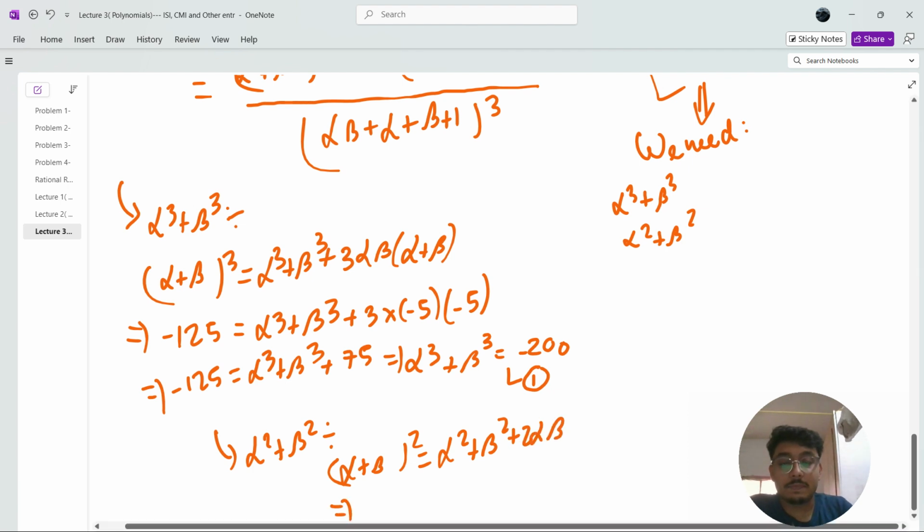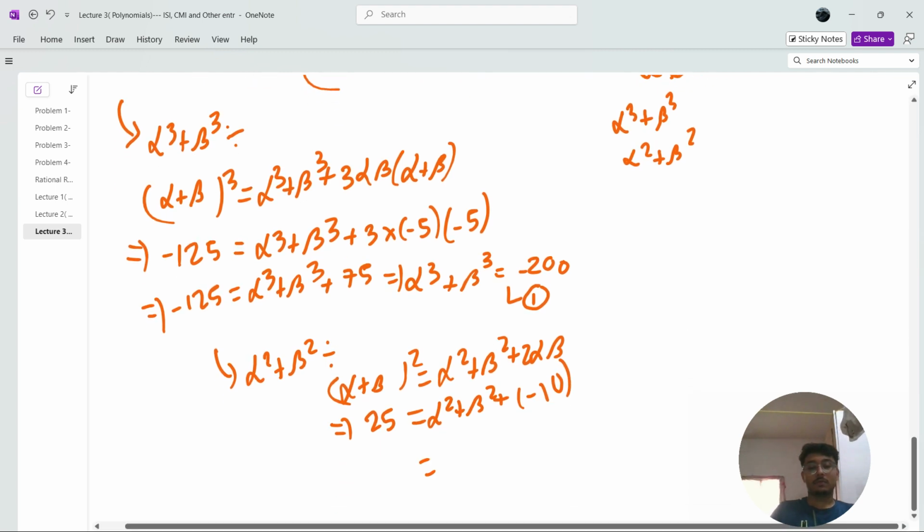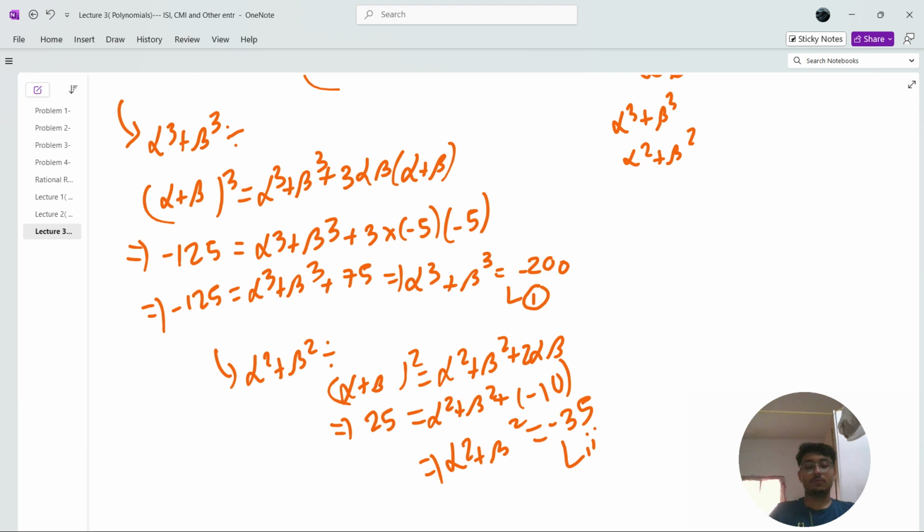And my alpha plus beta is minus 5, so minus 5 square is 25, so alpha square plus beta square is needed. So plus 2 alpha beta is there, so we can just put it in. So alpha beta is minus 5, so that's your minus 10. So therefore my alpha square plus beta square is 35. This is my equation 2.